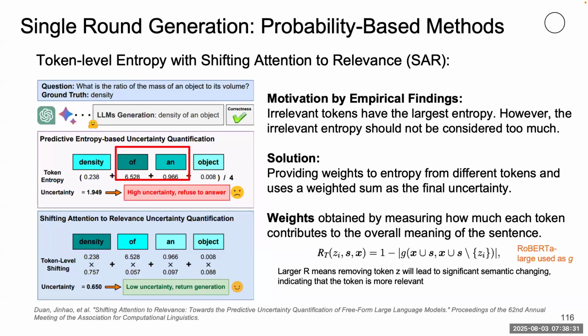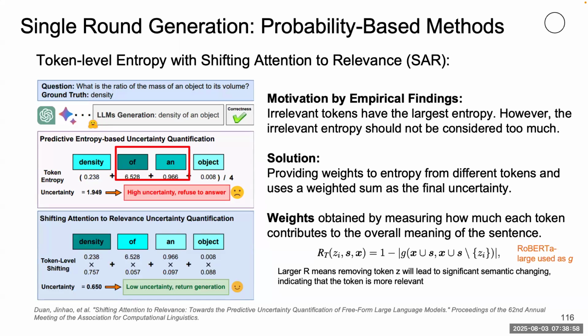Then you remove a certain token, treat the result as a new sentence, feed it into the model, get the representation, and calculate the distance between those two. This basically measures how much deleting a certain token changes the similarity with the original one.